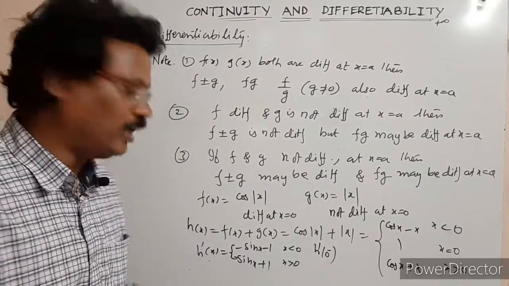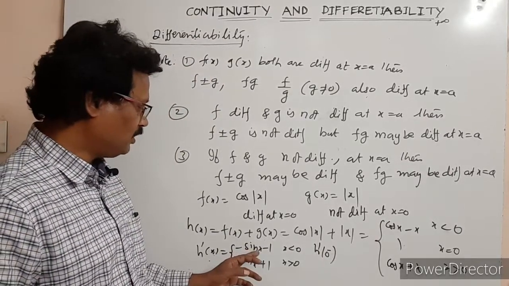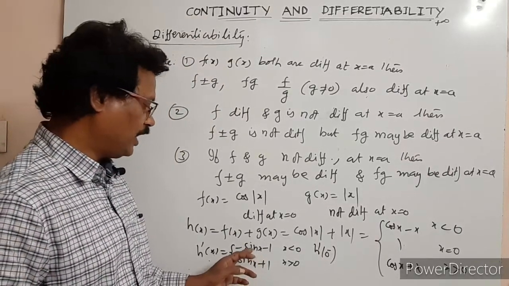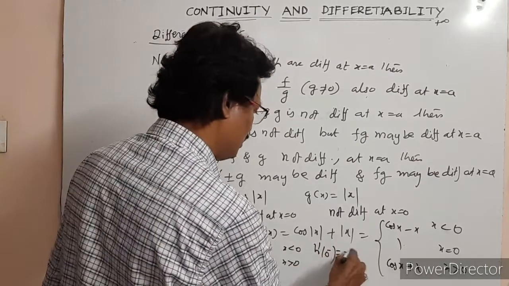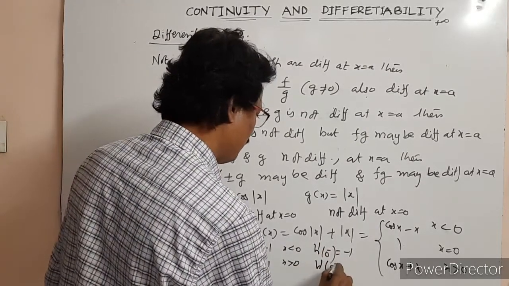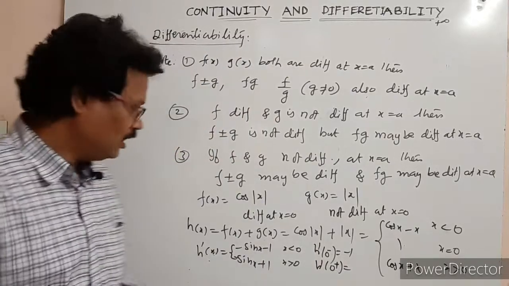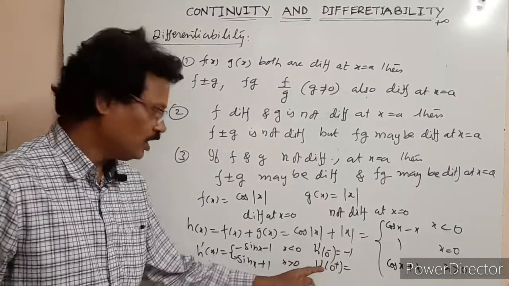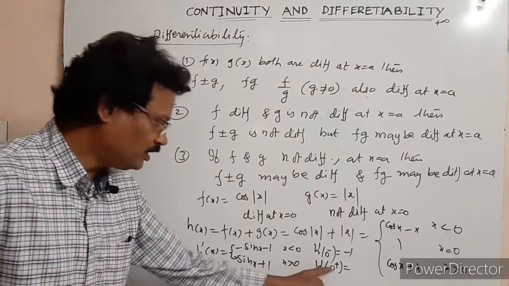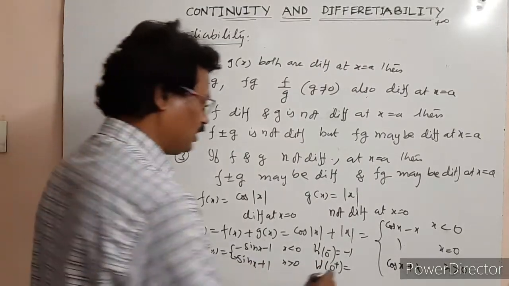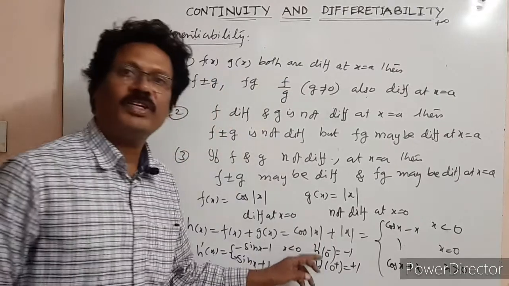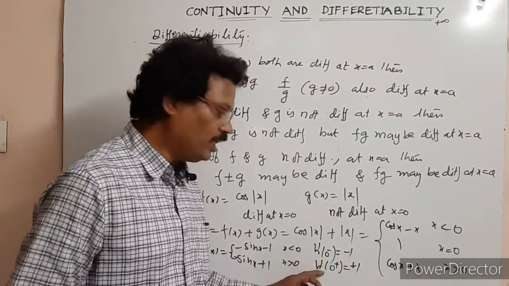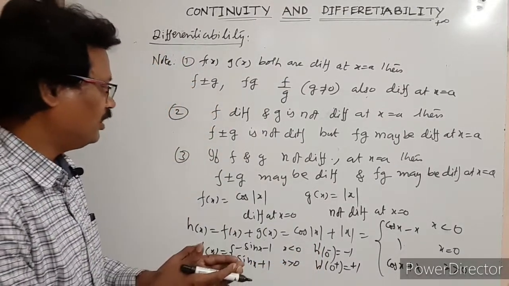Put x equal to 0 in minus sin x minus 1, we get minus 1. h dash 0 plus means x is just more than 0; put x equal to 0 in minus sin x plus 1, we get 1. Therefore, left derivative is not equal to right derivative, therefore it is not differentiable.